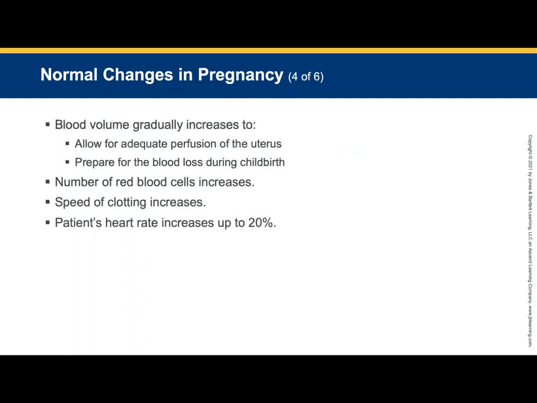Their overall blood volume does gradually increase throughout the pregnancy. What it's going to do is allow for adequate perfusion of the uterus and prepare for the blood loss that will occur during childbirth. Blood volume may eventually increase by as much as 50% by the end of the pregnancy. Now, that's a lot.